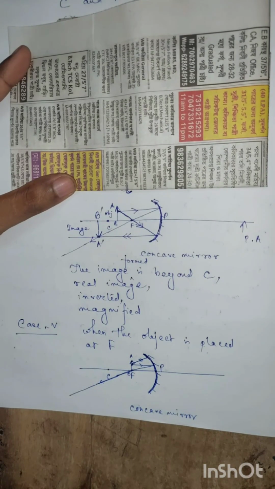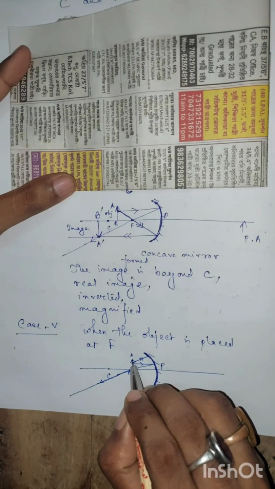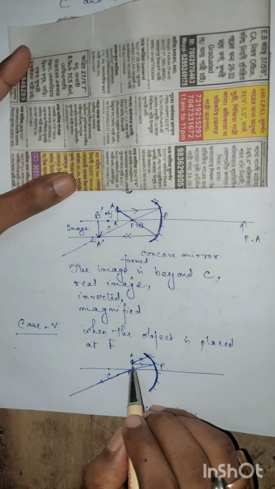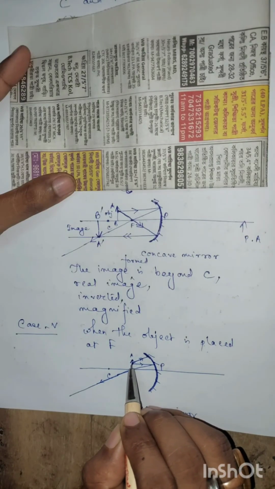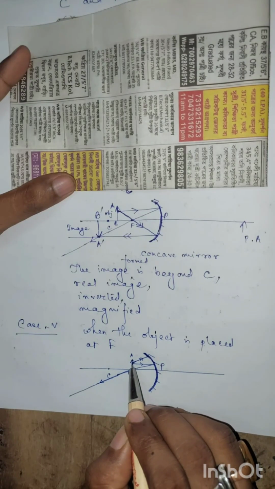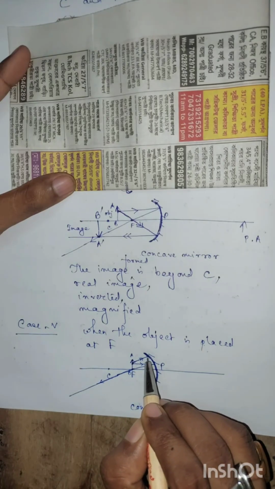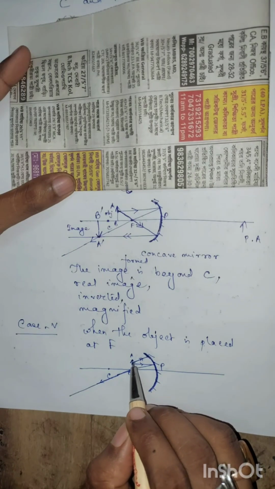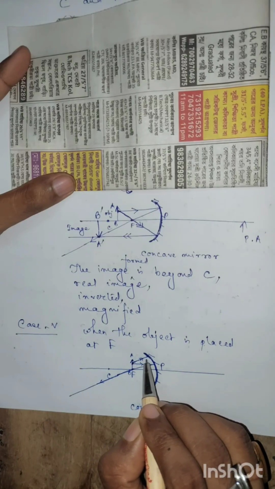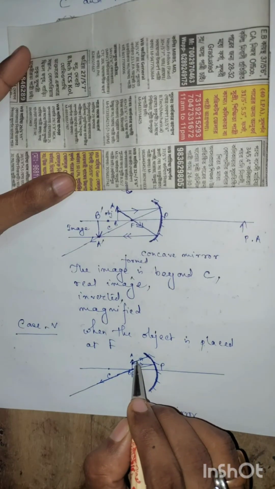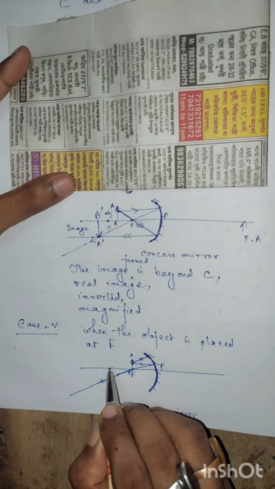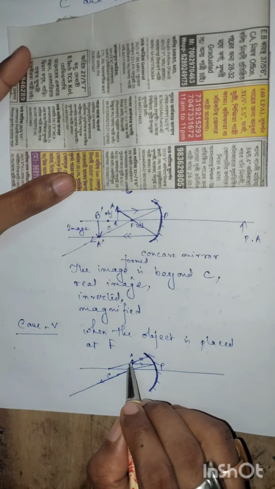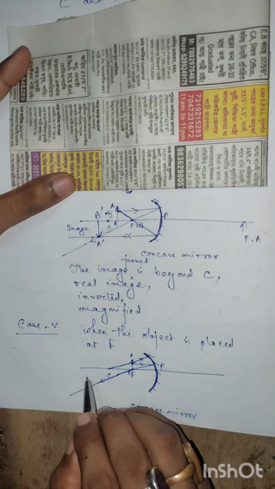So the second ray comes out of this point, strikes the mirror and gets reflected, and we know when this ray is produced backwards, it passes through the center of curvature.